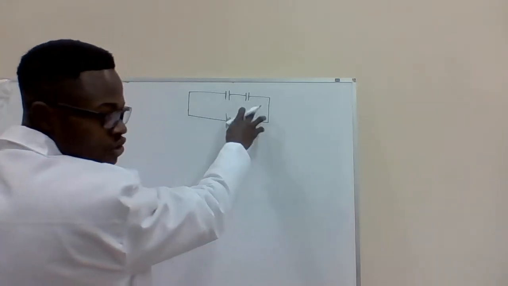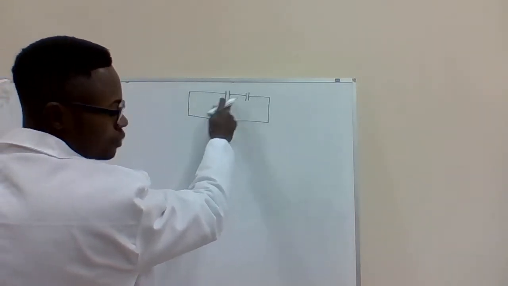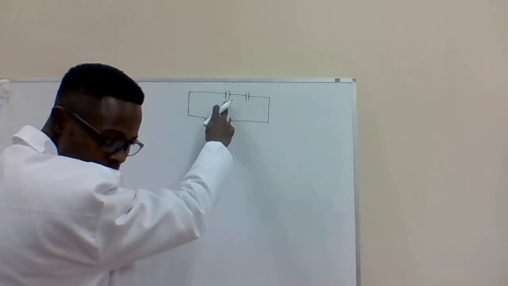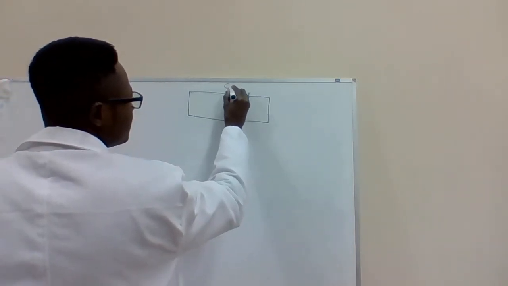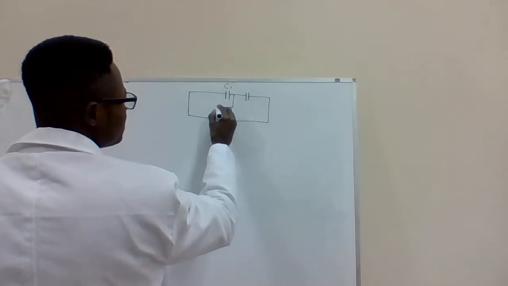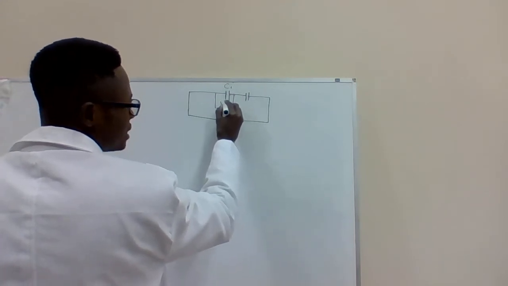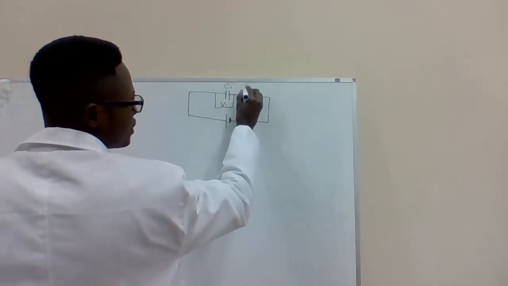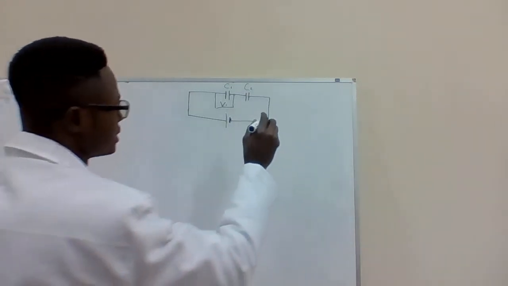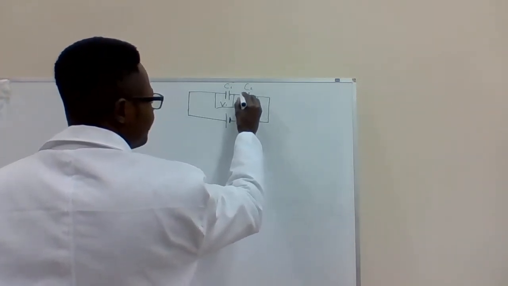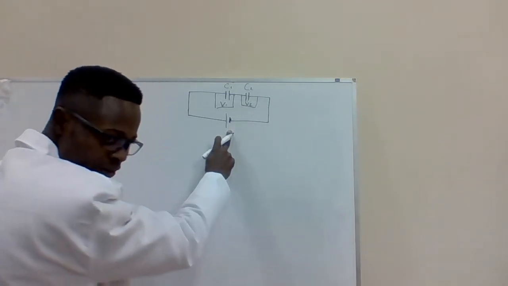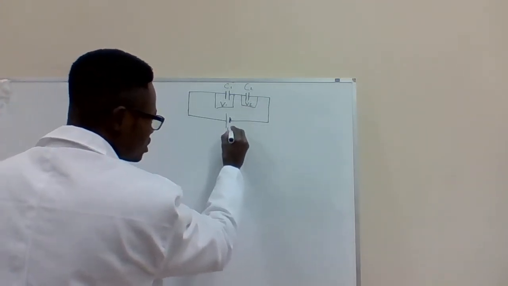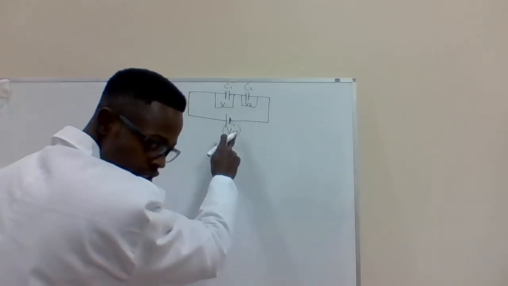Now, these are our two capacitors. This is C1, which means that across it, this is our V1. And this is our C2, so this is our V2. And in this place we have the voltage source.